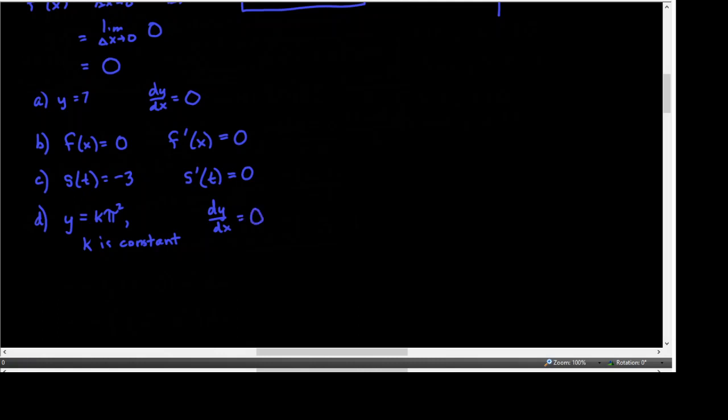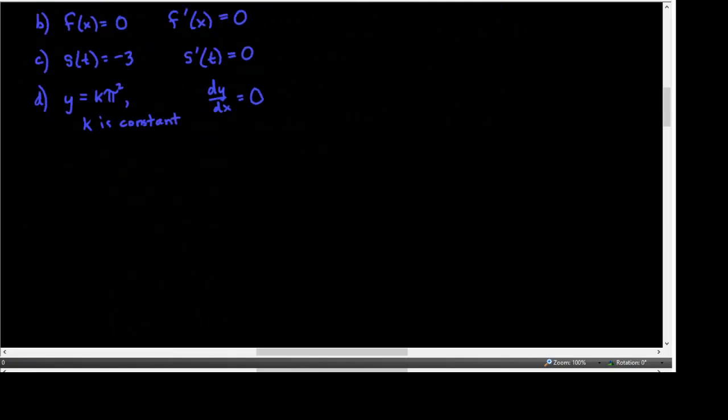Okay. So the next thing I want to talk about is how you raise a binomial to a power, because this will occur in doing any of the limit definitions of the derivative.